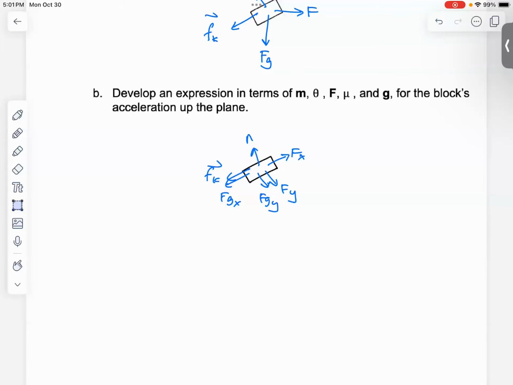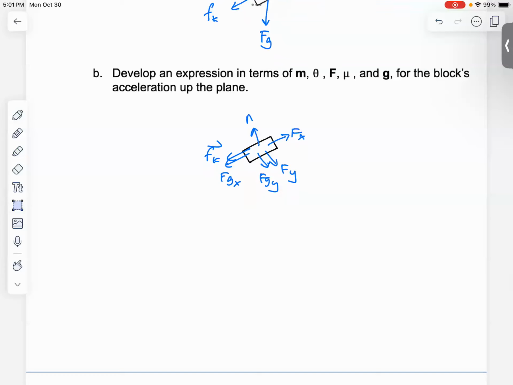When we say acceleration up the plane, that means the net force is not 0. So F net is equal to ma.